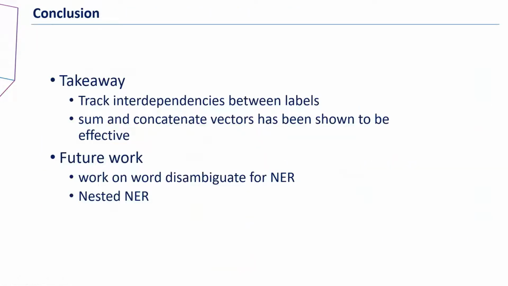In conclusion, tracking the dependencies between labels performed very well because of the CRF, and also because of the representation of the embedding for each token from BERT. Summing and concatenating the vectors has also been shown to be effective.